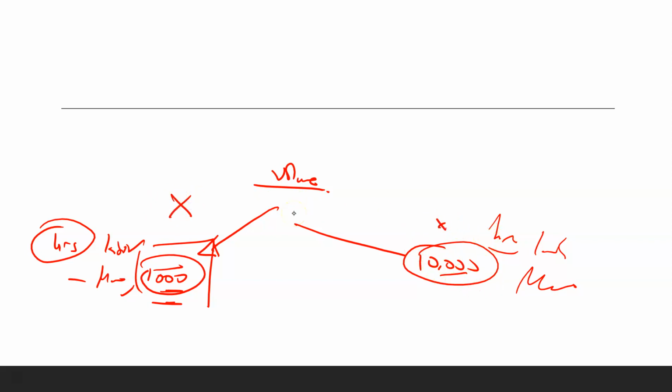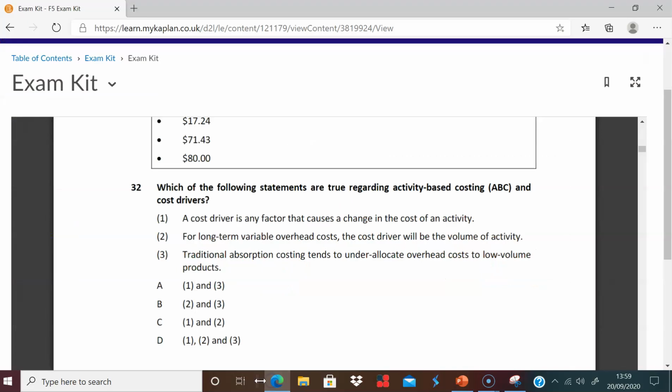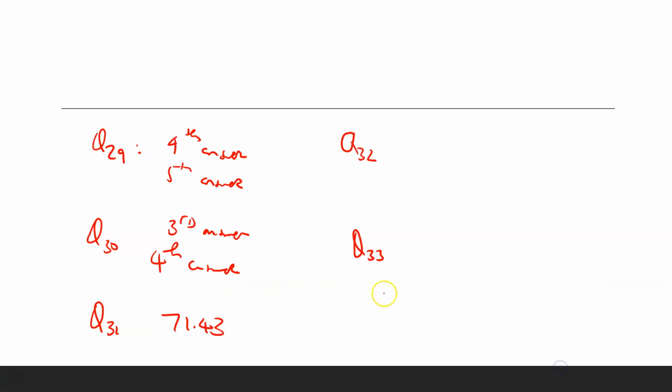So the answer here, of course, is that with traditional absorption costing, yes, it is true that there tends to be an under-allocation of overhead costs to low volume products. So the answer is D. All three are correct. Yes, 32 is D.